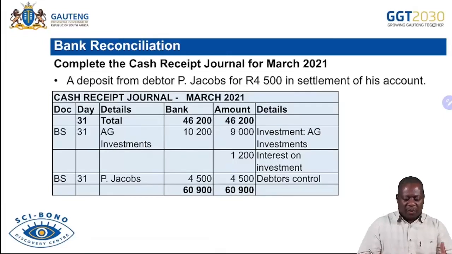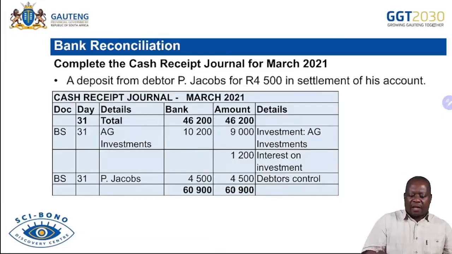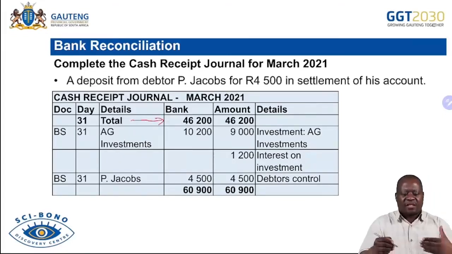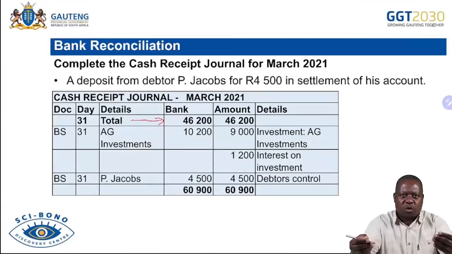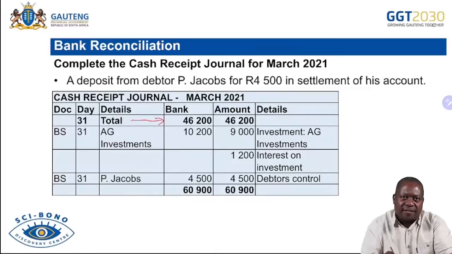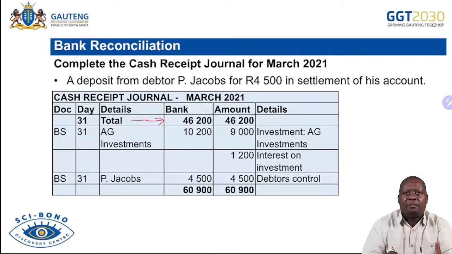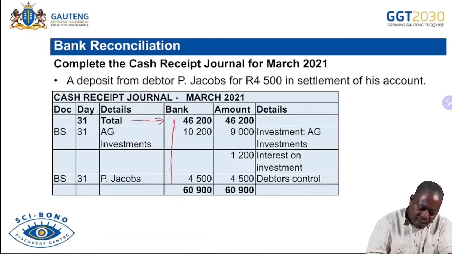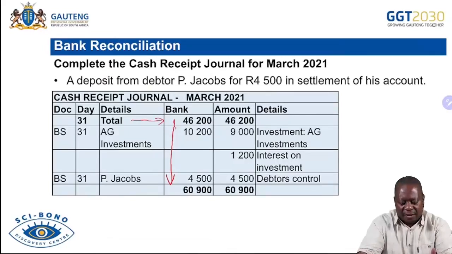Now, what are we seeing here? There we are. Remember this, the first total was the one that was given as provisional total. So it's already given to us. Information B, provisional total. According to this, it was already entered for us in this answer booklet. And then we entered these transactions that we are given now. And when we add the total now, in this column, we add everything. And then we are going to get 60,900. Please take note, one mistake that I've always seen.